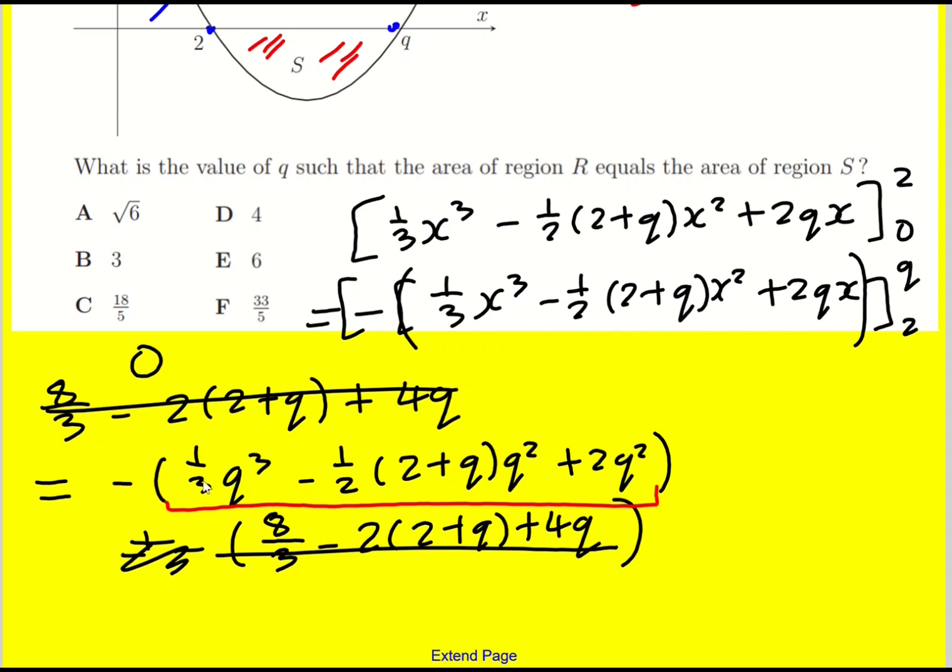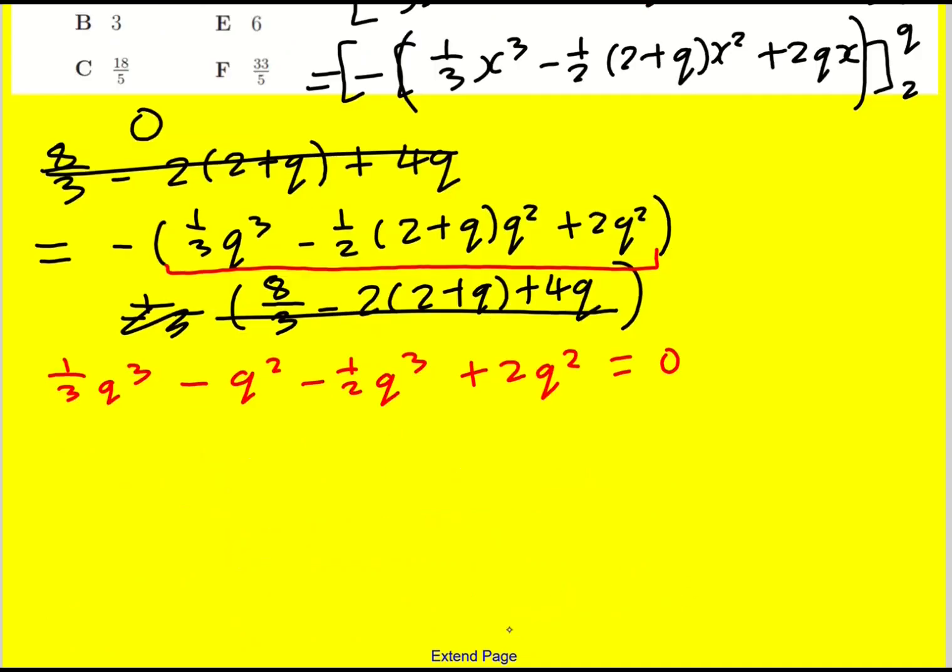Okay, well, what should we do? Let's expand the brackets first, I think. So I will get a third q cubed minus q squared, then I will get minus a half q cubed plus 2q squared equals 0.